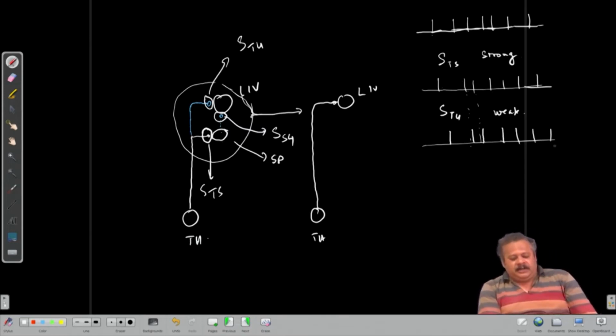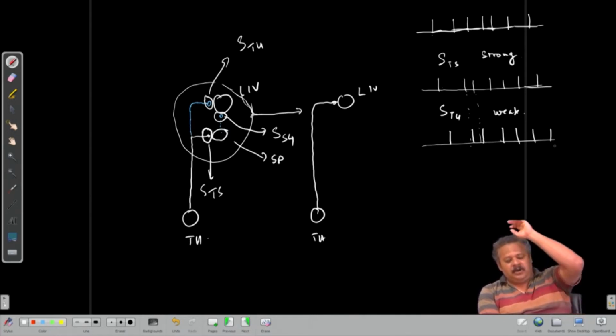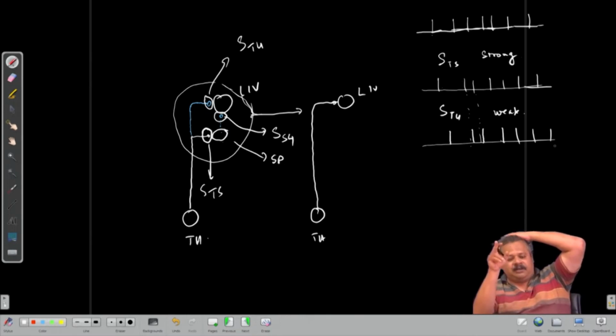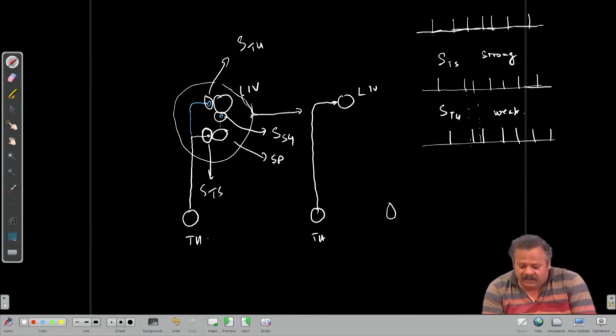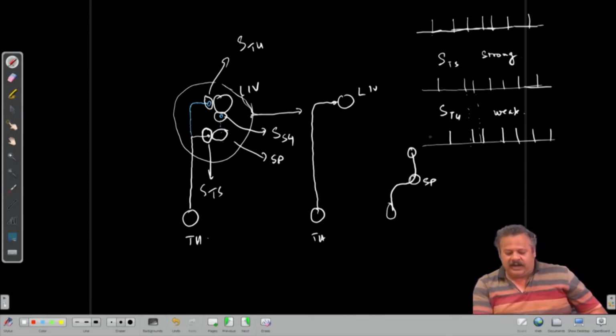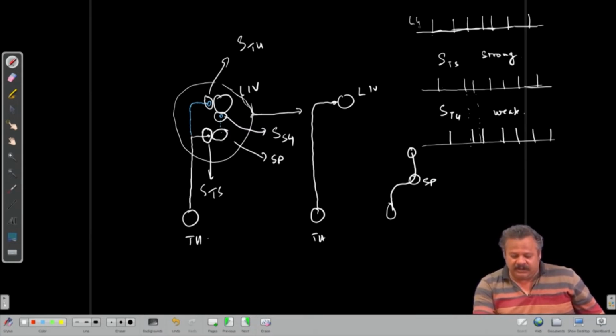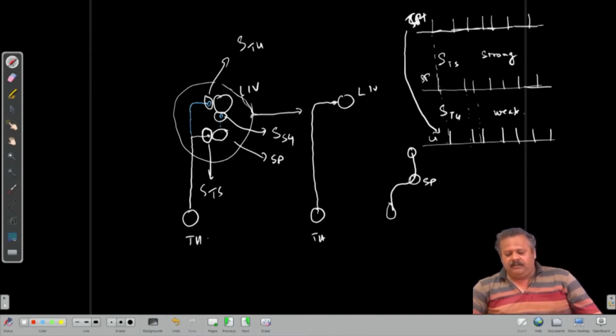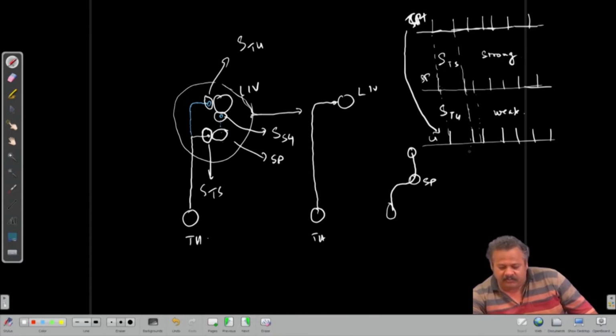Essentially, the thalamic action potential is causing the layer 4 neuron to fire action potentials via the subplate. So, this is the subplate and this is the layer 4 neuron, and with gradual synaptic delays, the layer 4 neuron is firing action potentials after the thalamic input.